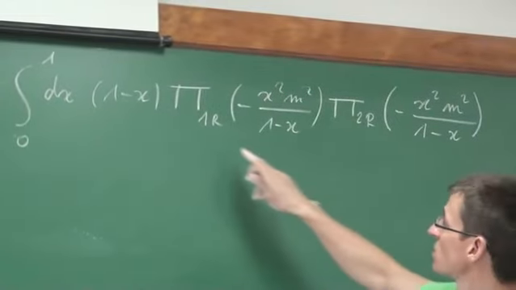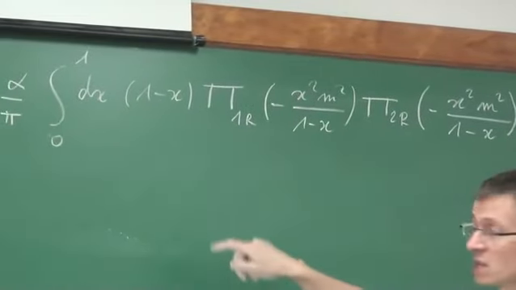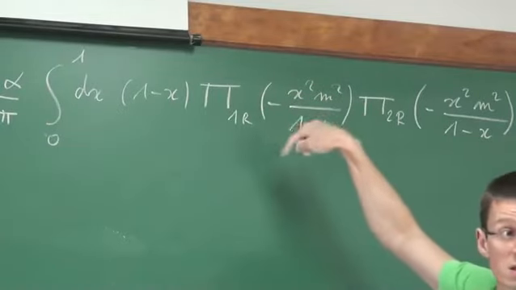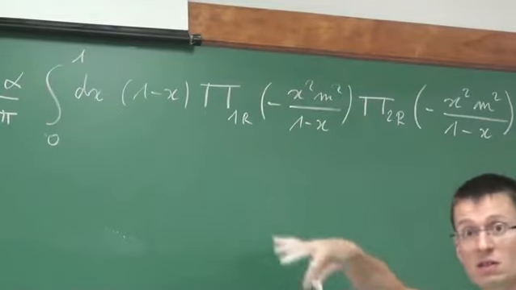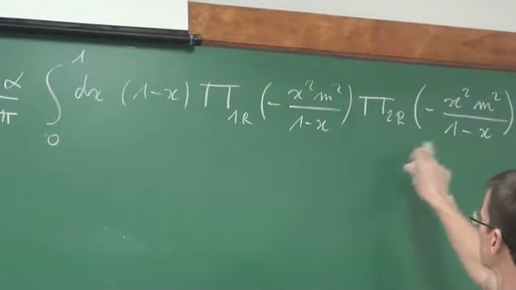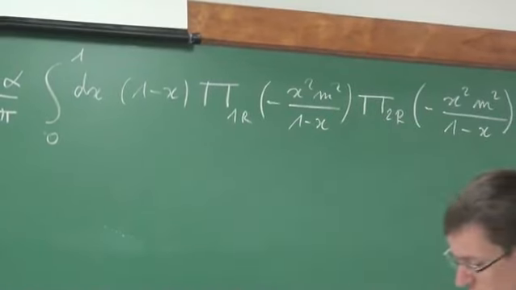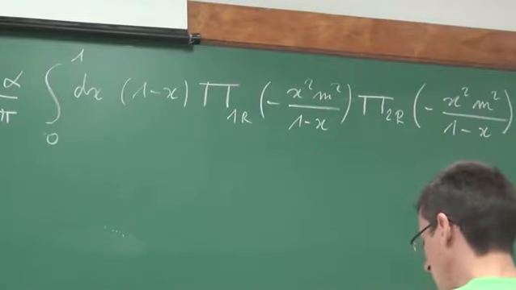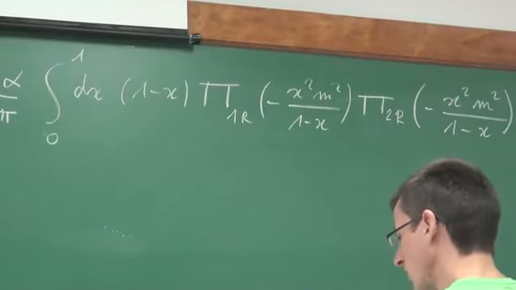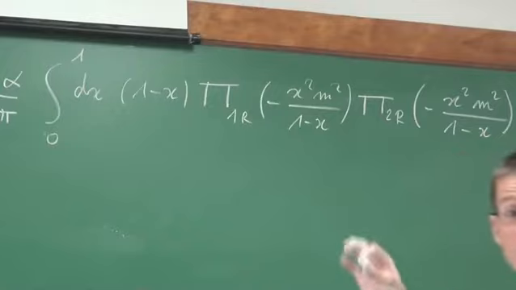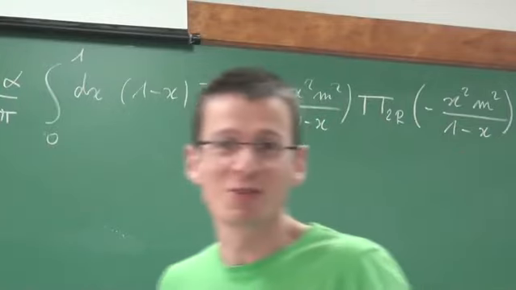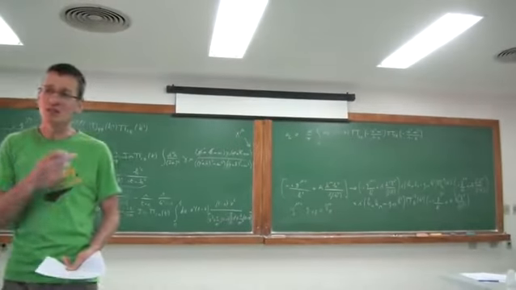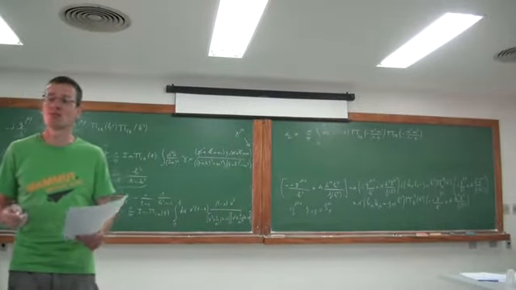Because the dependence on the mass of the internal fermions is not in this part of the function, but in the rest of the function, not in the parameter. So this is a very simple and very nice formula. Even in this simple case, the calculation is not easy at all.